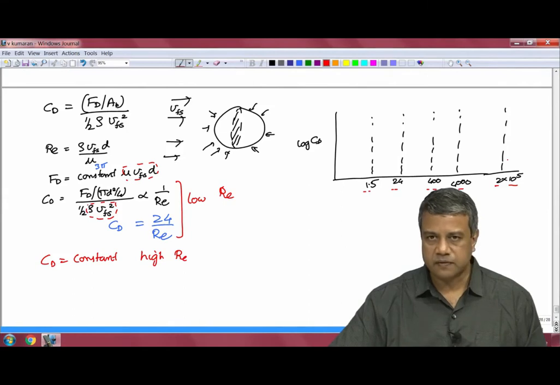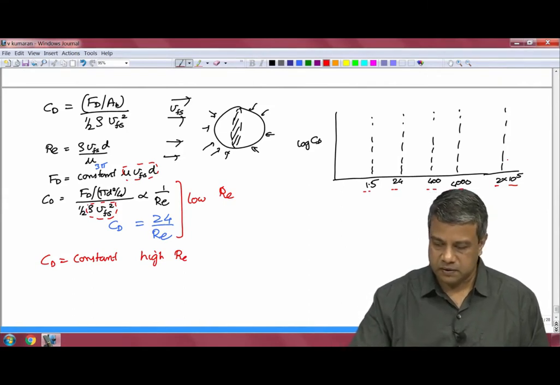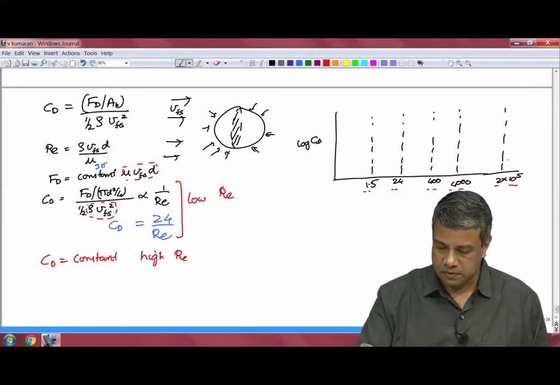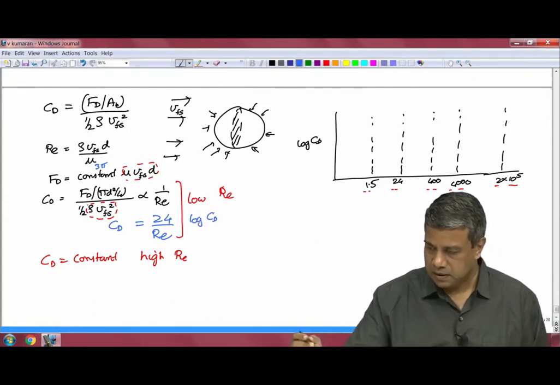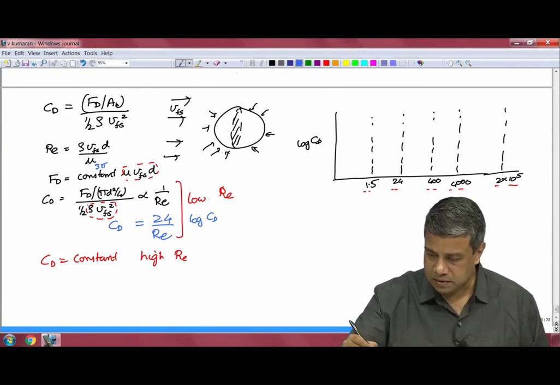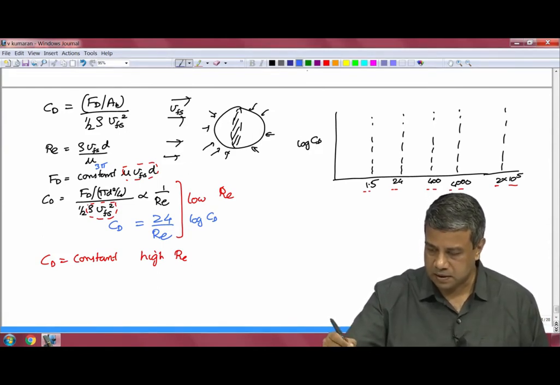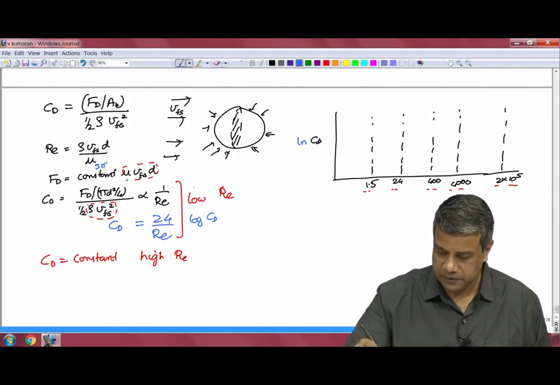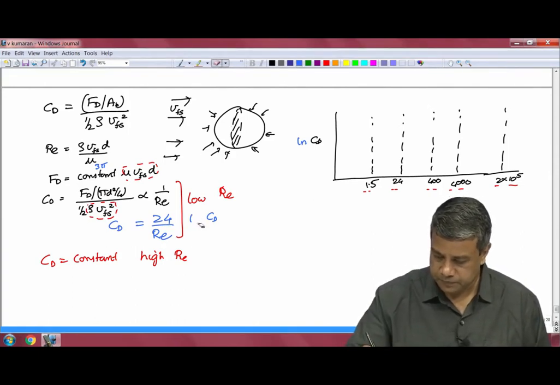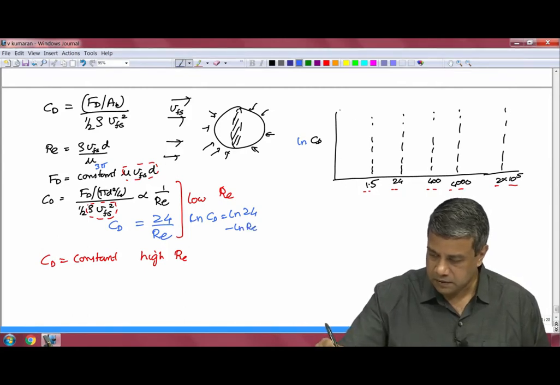Less than about 1.5, CD is 24 by Re, therefore log CD will be equal to, I should note here that what is usually plotted is the logarithm, but I will refer to it as ln, just to avoid any confusion. I will use the natural log everywhere. ln CD is equal to ln 24 minus ln Re. Therefore, we have a line of slope 1.